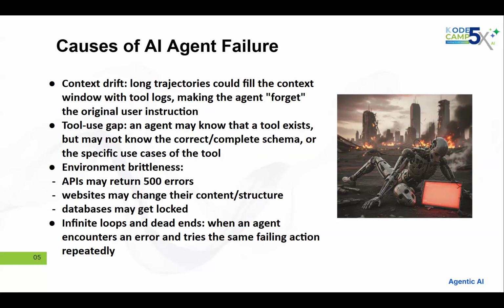Then environment brittleness, like APIs that return 500 errors. If the API for your LLM is brittle, it will reflect in your agent. The agent will just fail because it's the LLM that is the reasoning core for that agent.